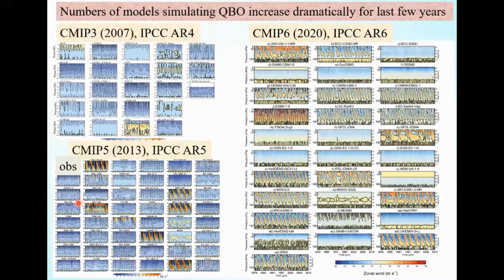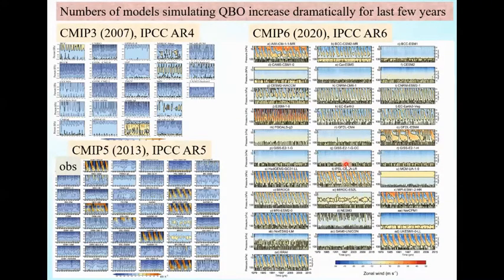You can see some models succeed in simulating the QBO. And this is the latest, CMIP6, which will be used to write the IPCC AR6 report. You can see the number of models with a QBO increased dramatically, although some models simulate a strange QBO.